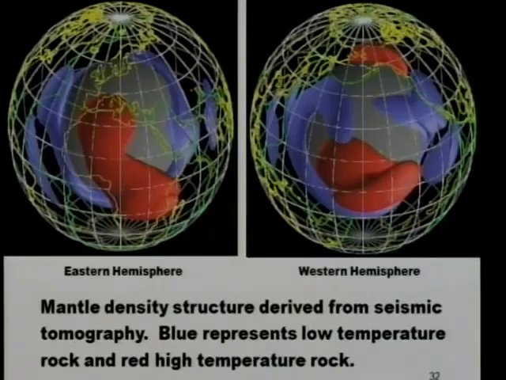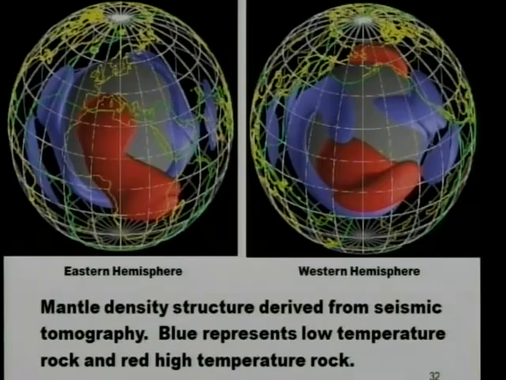It also explains these observations here, where putting sound waves through the Earth, you can map the rock that is found within the Earth's mantle. And what's been discovered is there's areas where there is this low temperature rock that's been subducted into the mantle.